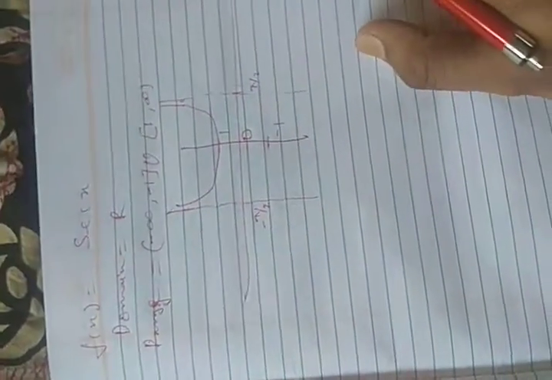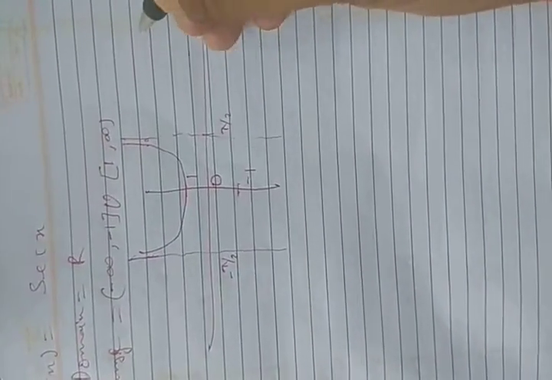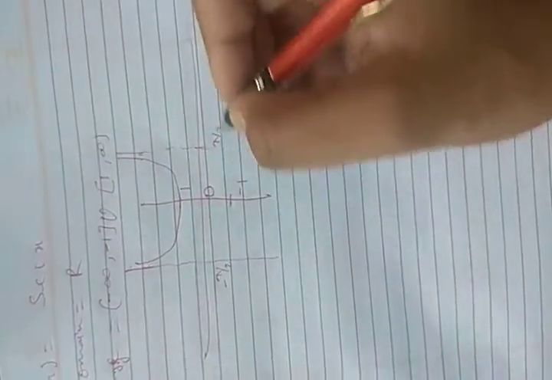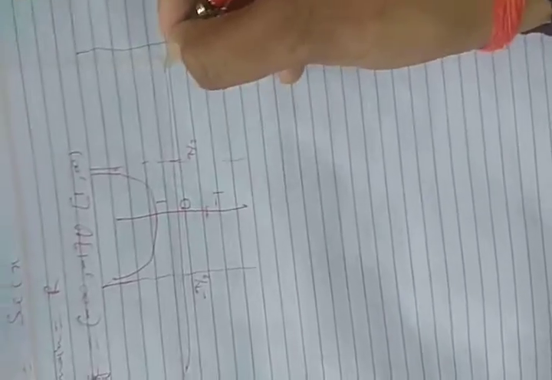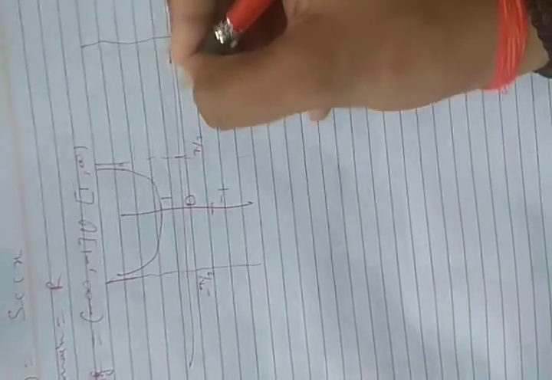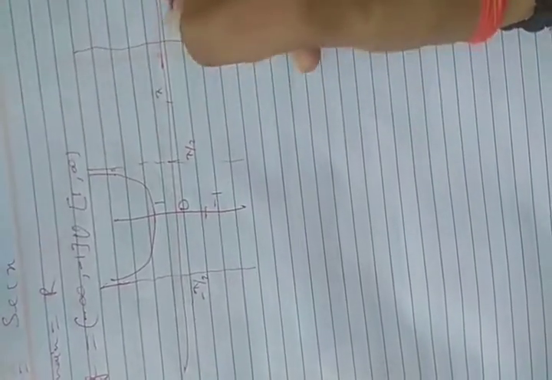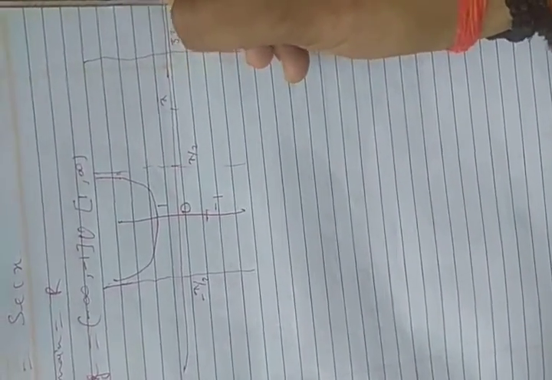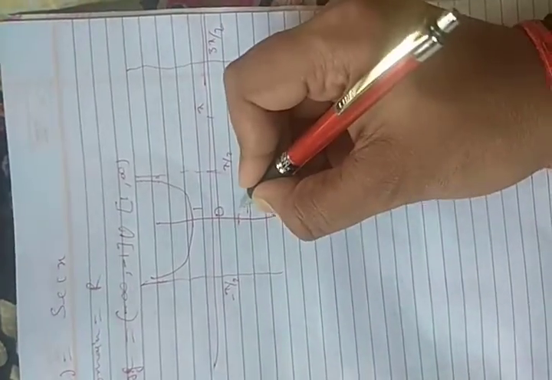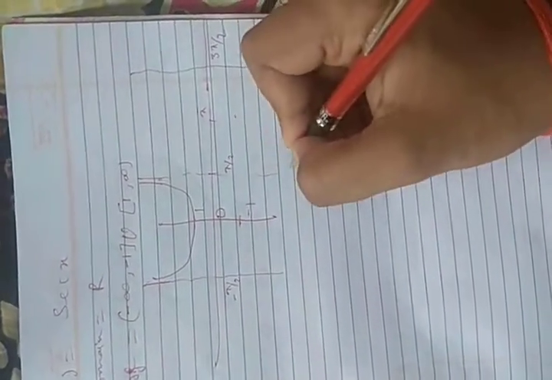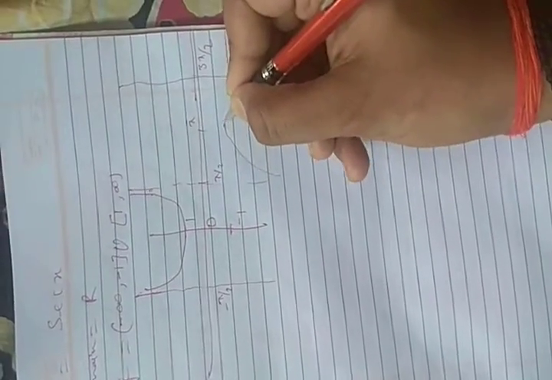Whatever value we get of sec x is kept in a graph, and we get the curve represented over here. Now we try to find where the next curve will be, because that is the important one. Here it will be pi, and here the boundary line will be 3 pi by 2, and the curve will again start from the value of minus 1, and from here it will move like this.